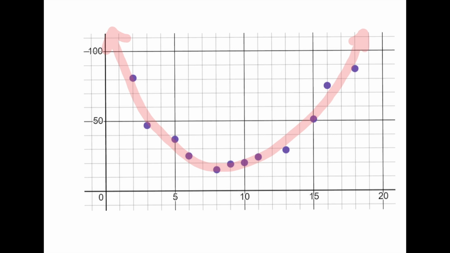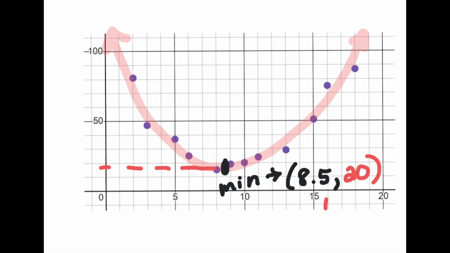It would be a multiple choice question, and the equations you would be given would definitely be very different from each other. There are not going to be minute differences between them. Then I'm going to say to myself, okay, it looks like the minimum is, let's say, 5, 6, 7, 8-ish, 8.5, and let's say the y value of that, if I go over to here, is maybe 20-ish, and that's all ish, right?